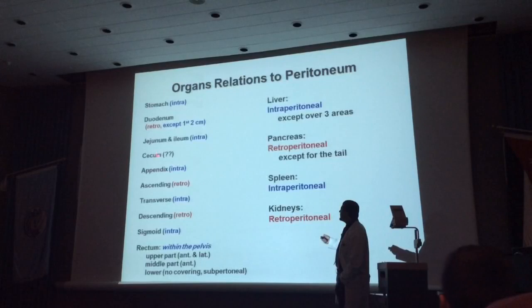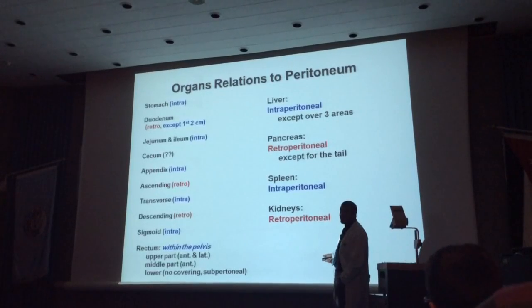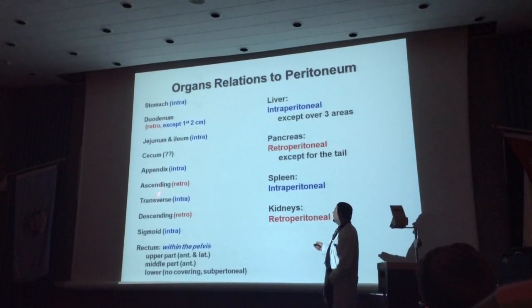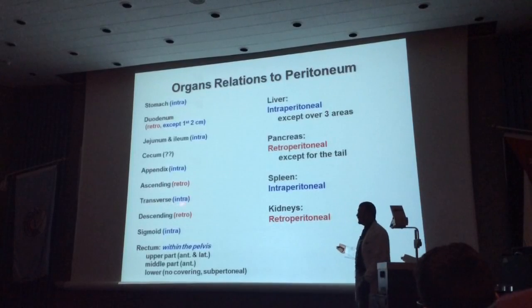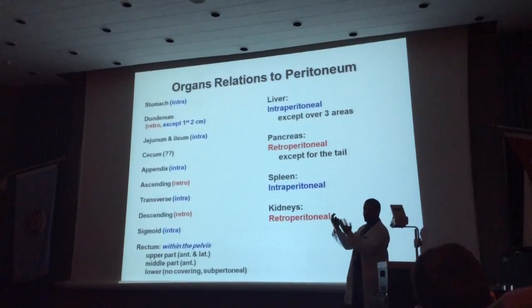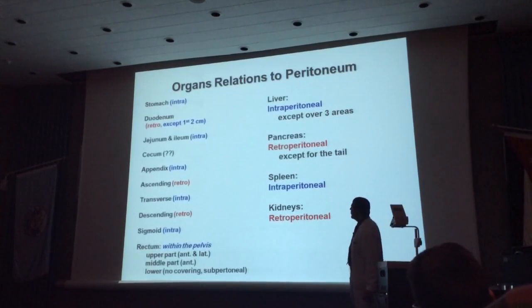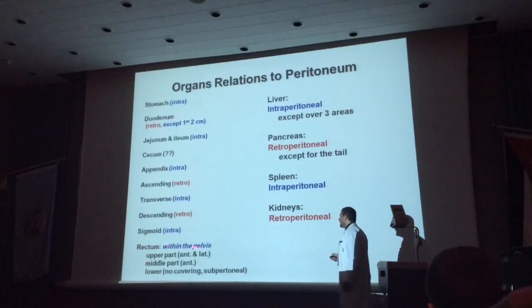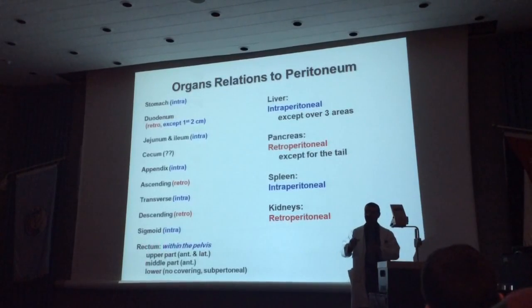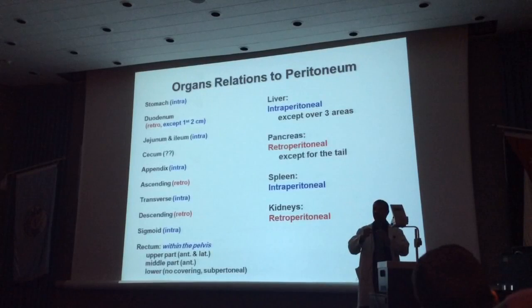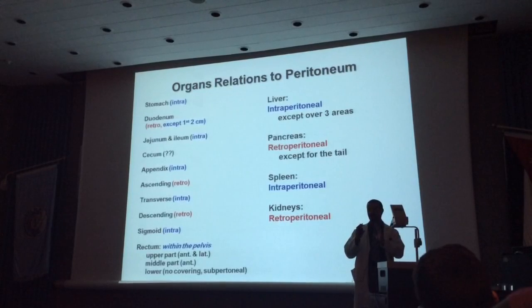The appendix is intraperitoneal, then after the cecum the ascending colon is secondary retroperitoneal. The transverse colon: you saw how the greater omentum covers the transverse mesocolon. Then the descending colon again secondary retroperitoneal, then the sigmoid is still intraperitoneal, and the rectum now goes down into the pelvis. The first third of the rectum is covered anteriorly and laterally, so it's partially covered with peritoneum.